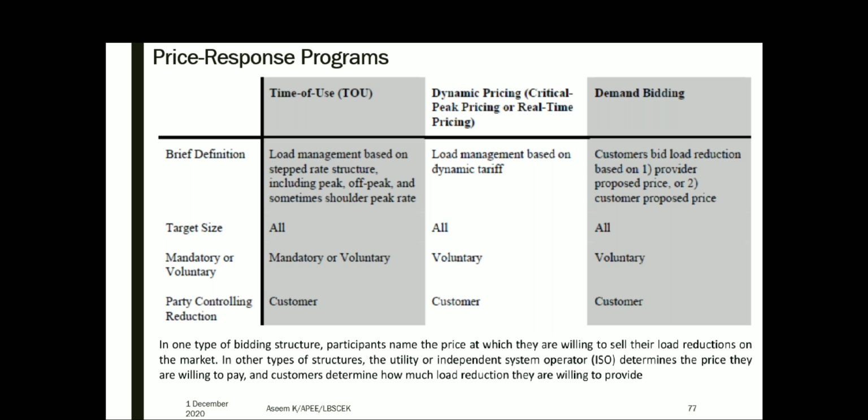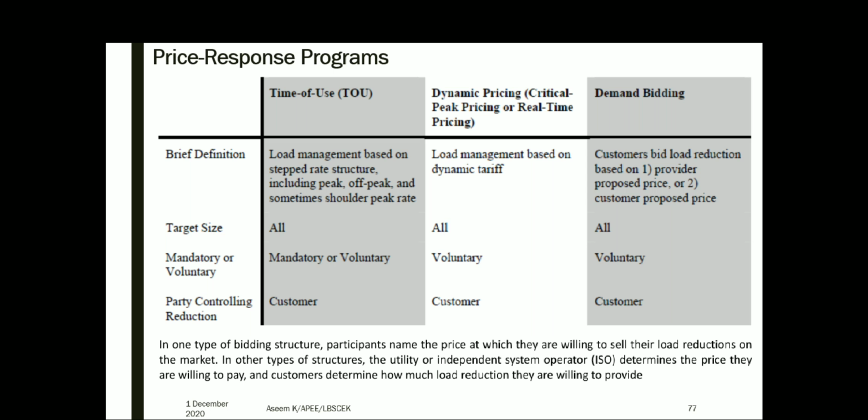So this kind of dynamic pricing, time of use, critical peak pricing, and demand bidding are different types of price response programs.